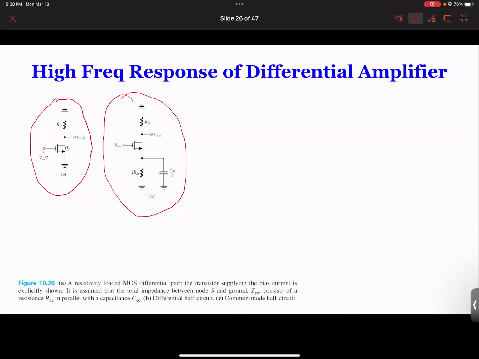For the common mode circuit, before adding CSS, we have this common mode gain: minus delta RD over 2 RSS.